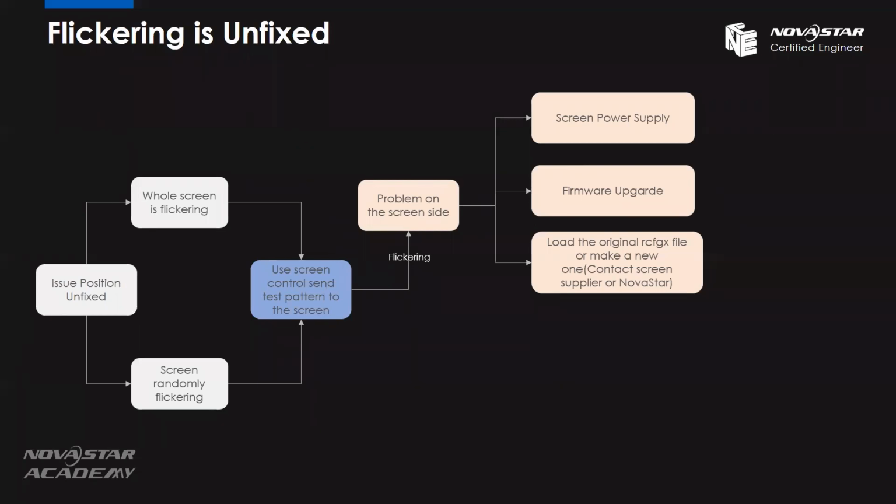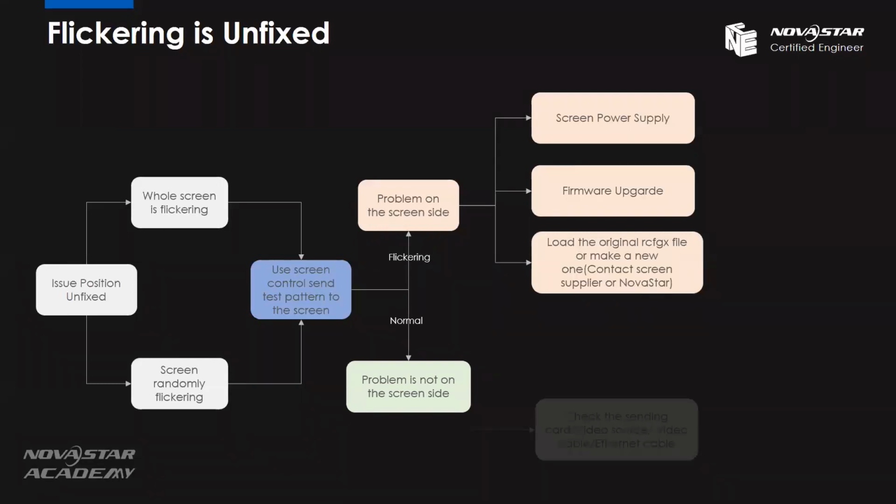So this is about when, after we send the screen control test patterns, the screen is still flickering, and we confirm that the problem is on the screen side, and then we check these possible reasons. And if the screen shows normal after we send the test patterns, we can confirm the problem has nothing to do with the receiving card or the screen side.